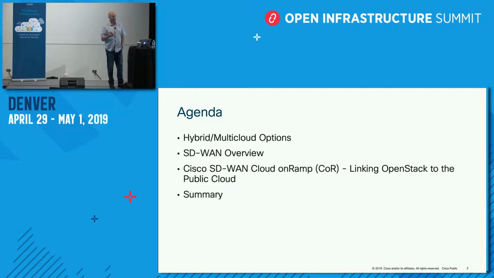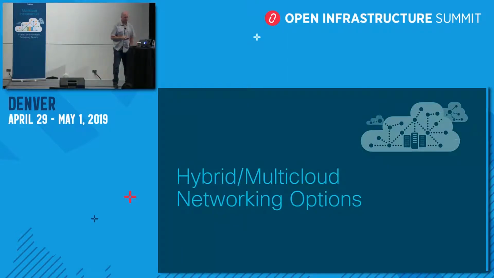And then we're going to get into the bulk of the talk, which is utilizing a specific bit of functionality in the Cisco SD-WAN portfolio called Cloud On-Ramp. We're going to use that automated framework to deploy connectivity from an on-premises private cloud that is sitting in front of OpenStack in this particular case, and then we're going to link that into a variety of different public clouds, and then we'll wrap it up and get you out of here.